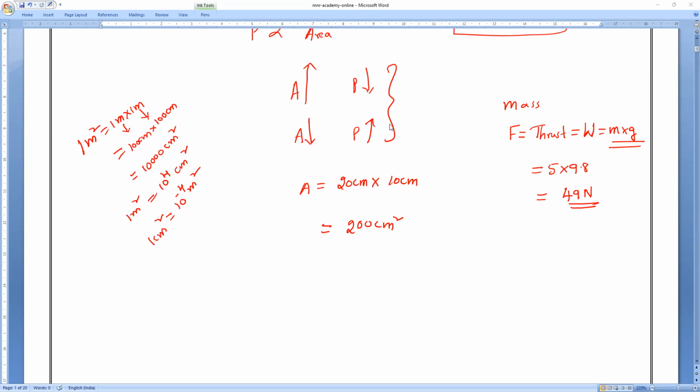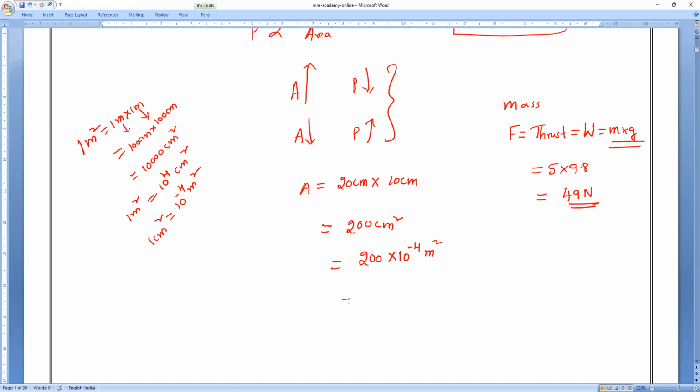Now you have noticed, you always have to convert into square meters. So I will write 200 into 10 power minus 4 square meter.